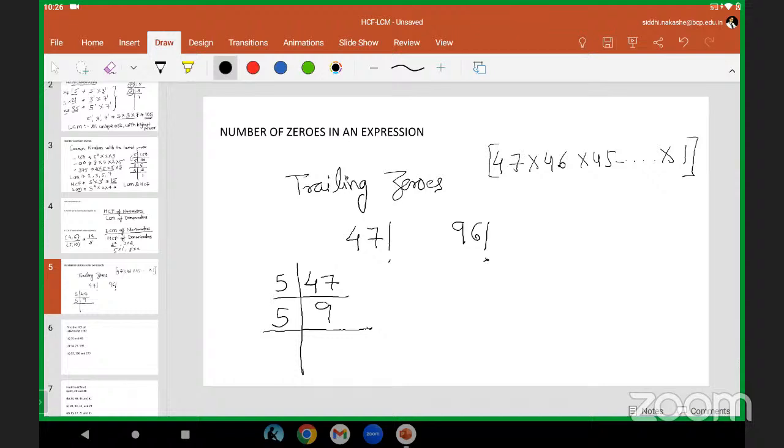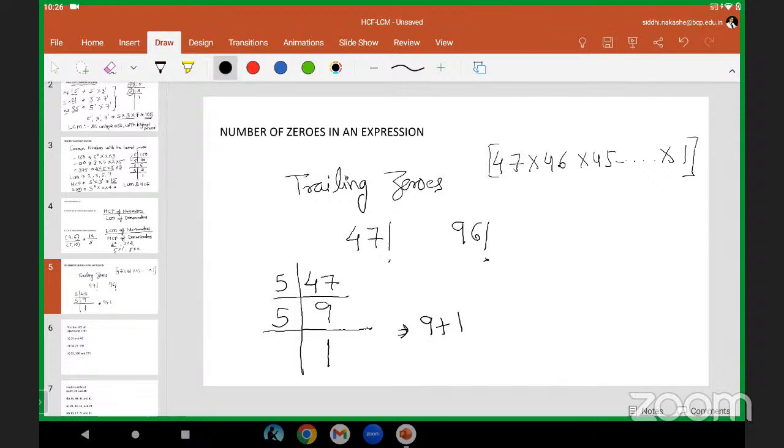The closest multiple again here is nothing but 9 by 5, so the closest is 5, and you will have a quotient of 1. So that is 9 plus 1, that is 10 zeros.